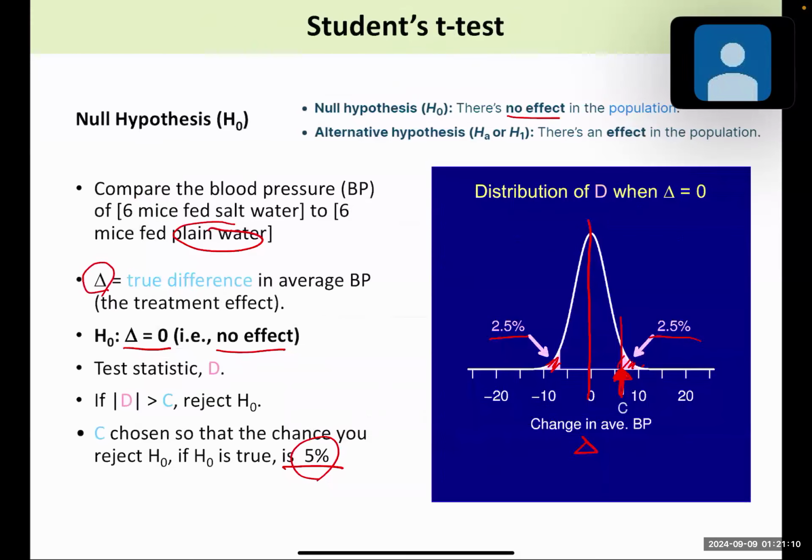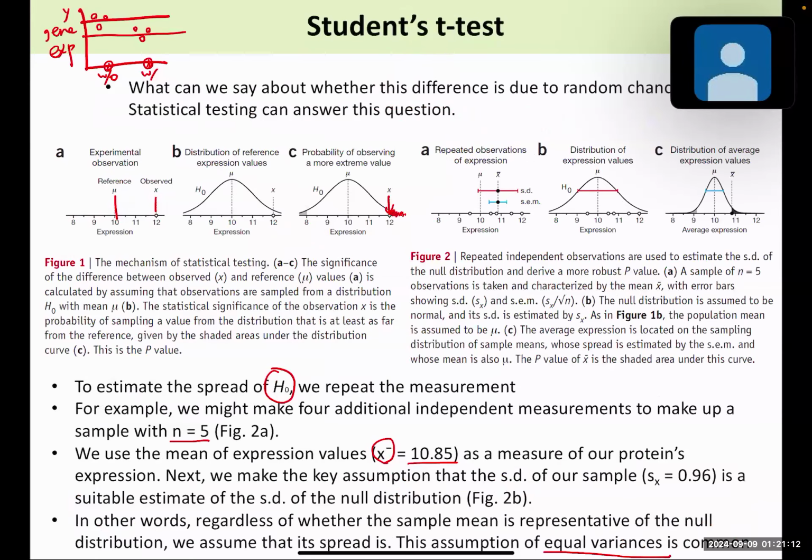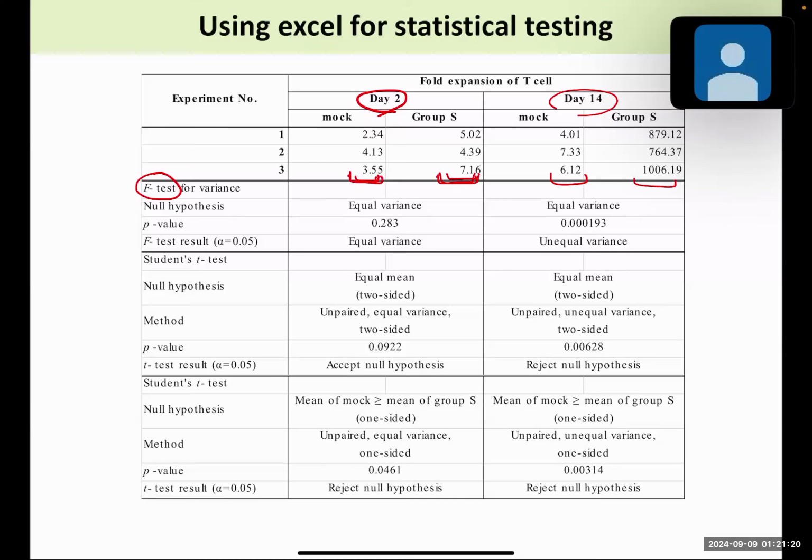In the previous slides, I told you that in students' t-test, you normally assume equal variances between two groups, right? But to be more accurate, you actually need to also calculate whether the two groups are of equal variance or unequal variance. But I'm not going to go into too much detail.